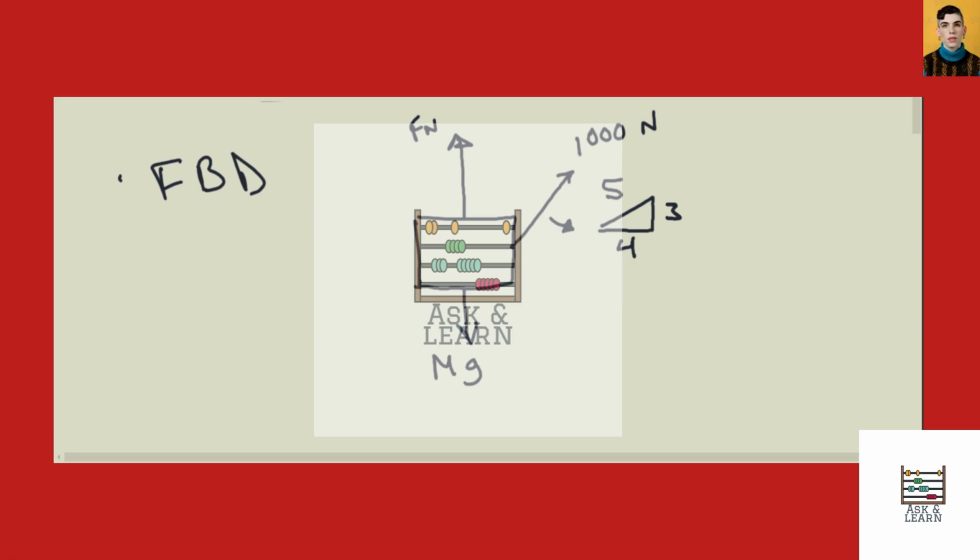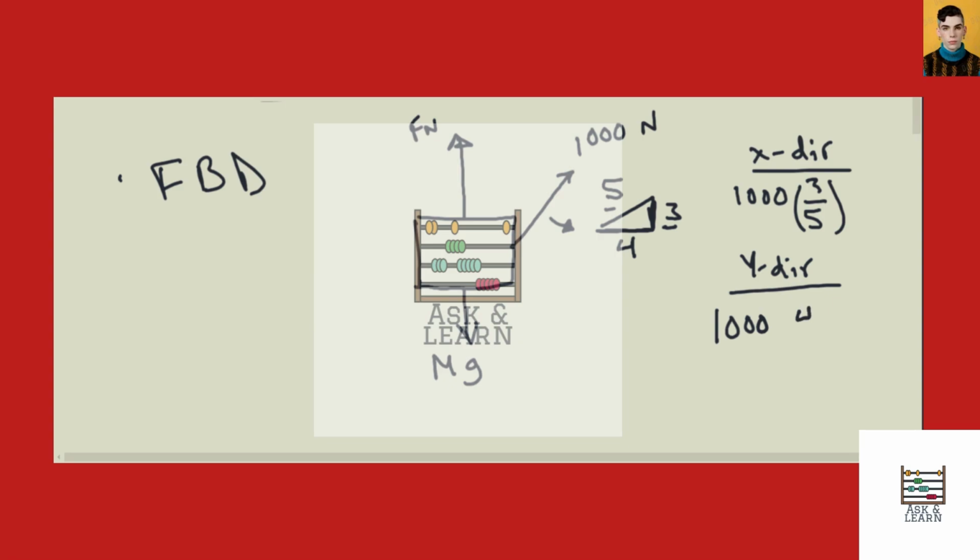So that means on the right side, the x direction is 1,000 times the x component. And looking at this triangle, we want to find the bottom part. So the x component is a ratio of 3/5. So it's 1,000 times 3/5. In the y direction, well, it's just the right side. So it'll be 1,000 times 4/5.